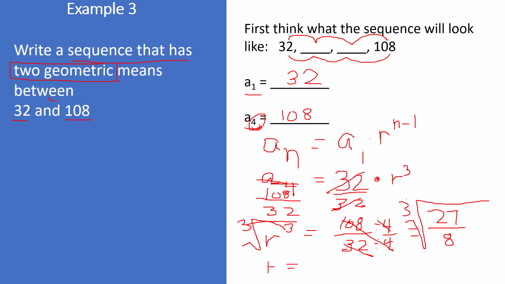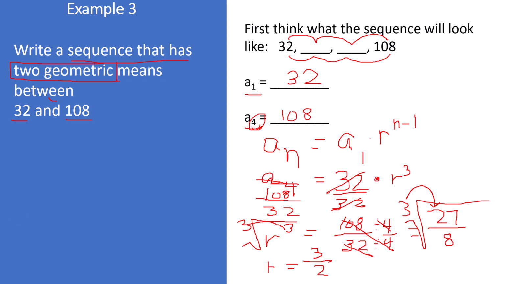Take the cube root of each of these separately if you can. 27 is a perfect cube; the cube root of 27 is 3. And 8 is also a perfect cube; the cube root of 8 is 2. So r is equal to 3 over 2, or 1.5.